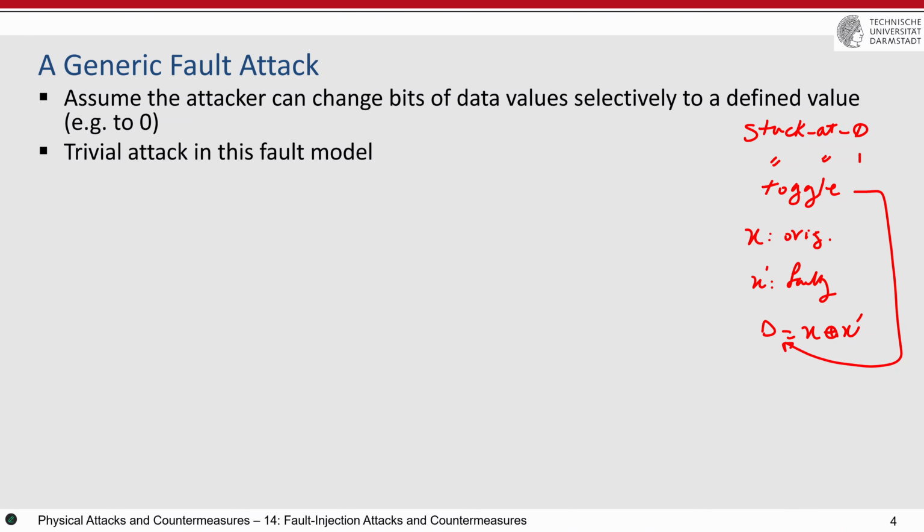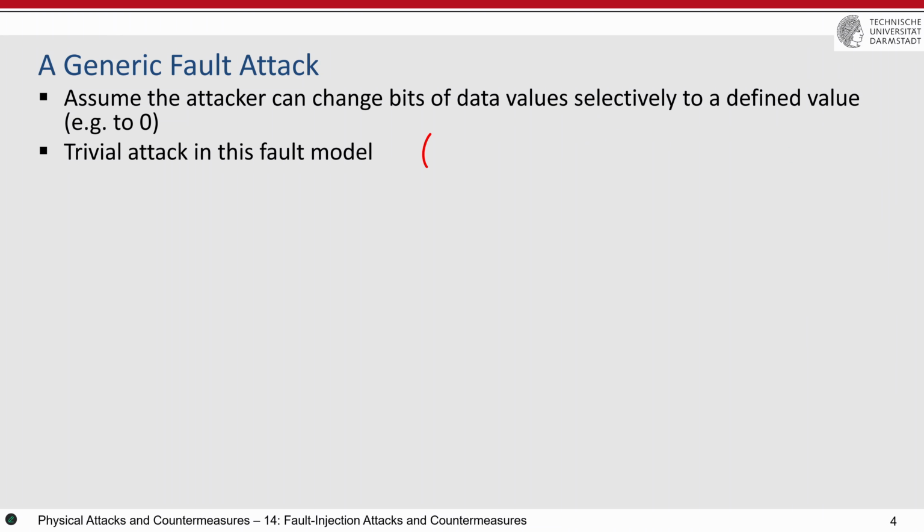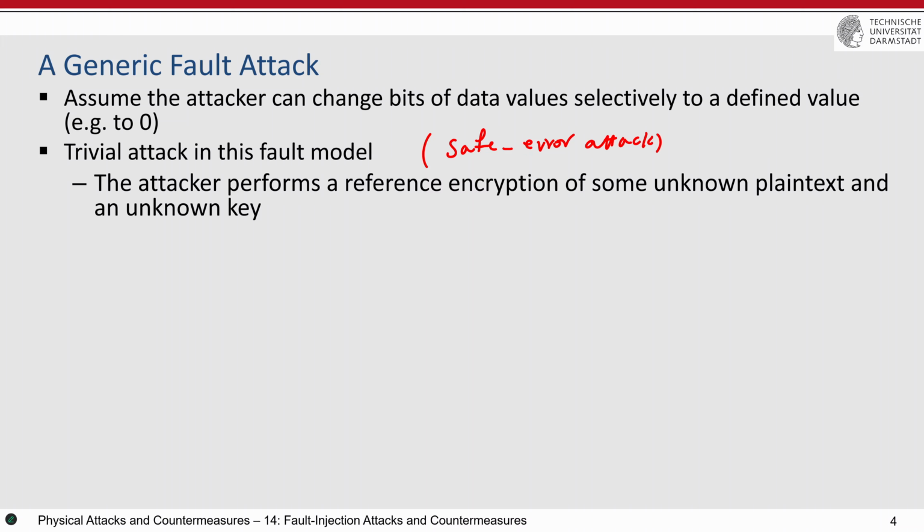And this is a trivial attack, if the attacker is able to do a stuck at 0 fault on particular data values. This is also called the safe error attack. The attacker performs a reference encryption with some unknown plaintext, it doesn't matter, I don't need to know the plaintext even, and also an unknown key.